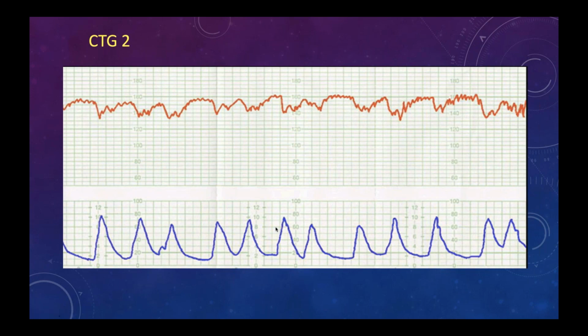And there is deceleration and W pattern, concerning features present. That means 2 non-reassuring features. Tell me, what are the 2 non-reassuring features?